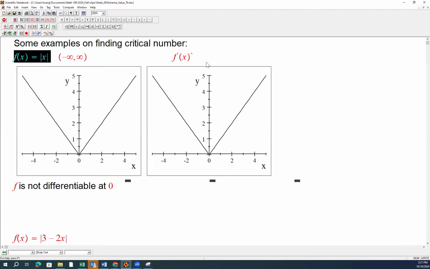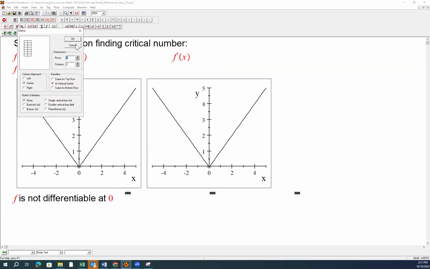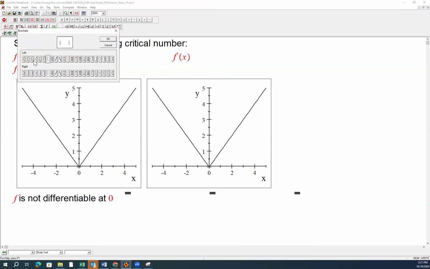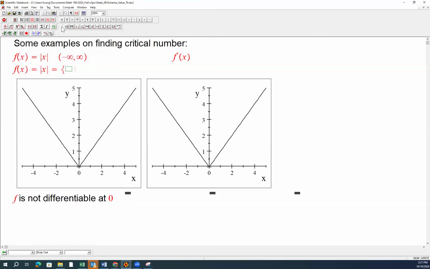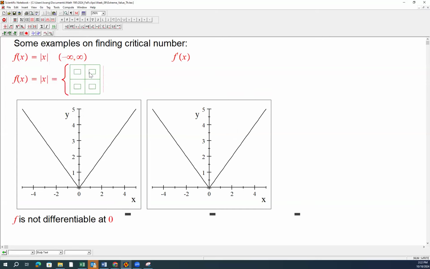Let me just give you a little more detail, just in case you get lost. It's a piecewise function, and this function has just 2 rows, 2 columns.